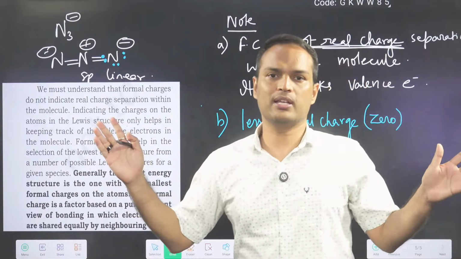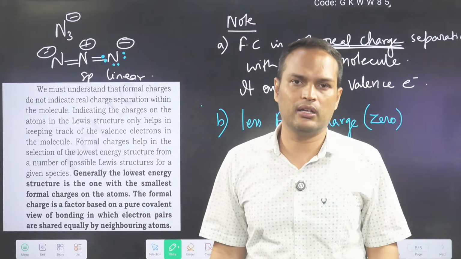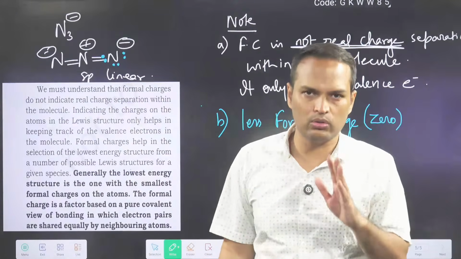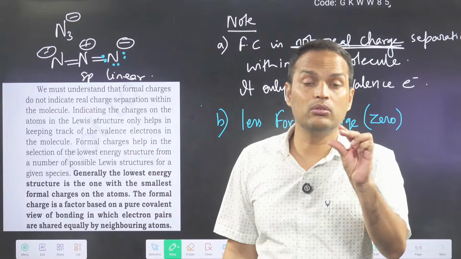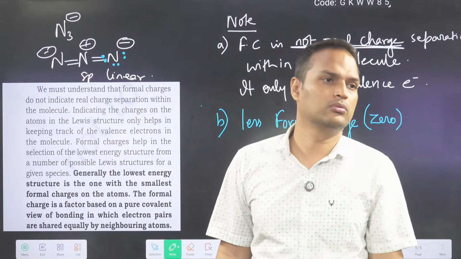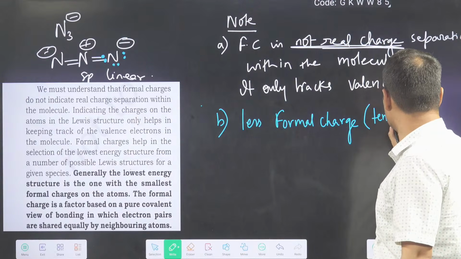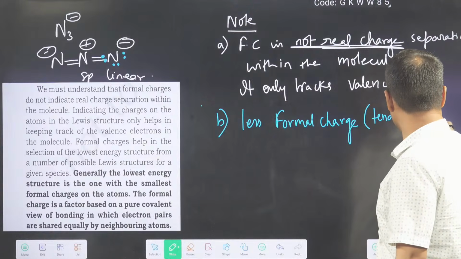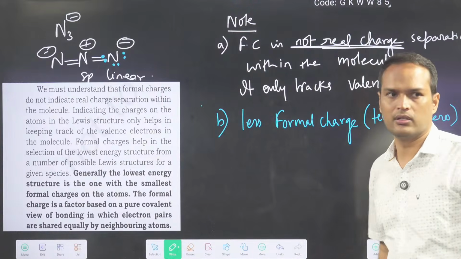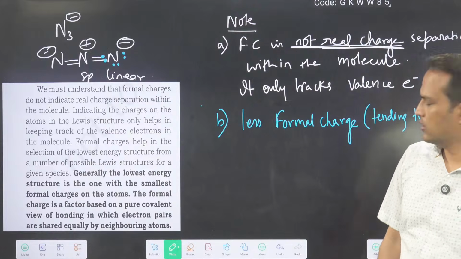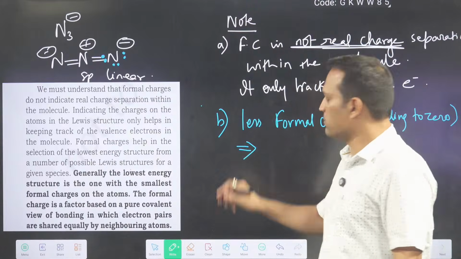Sir, -2 is there, sir. Arey, -2, bhai, we don't want. We want zero. Less formal charge means tending towards zero. Zero means less charge. -2 is very high.